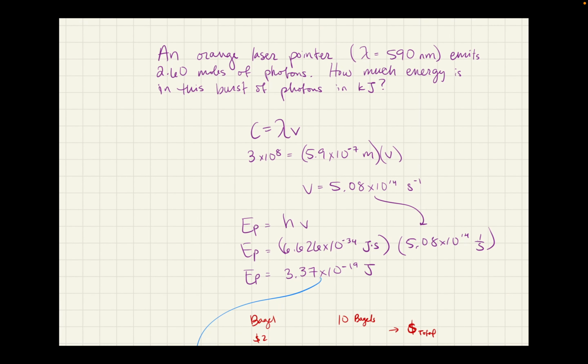In the original problem, it told us we have 2.6 moles of photons. Here's where people get led astray. That's not the same as saying 2.6 photons. Moles is a very, very specific number. It's a group. It means I have 2.6 Avogadro's numbers of photons.